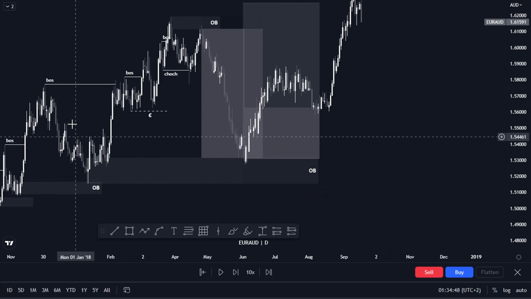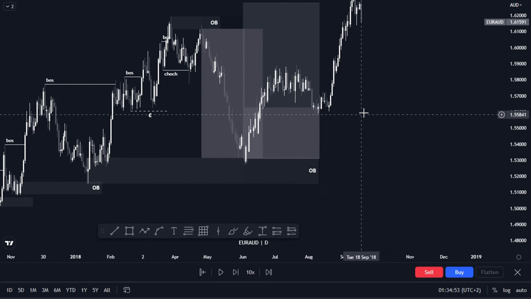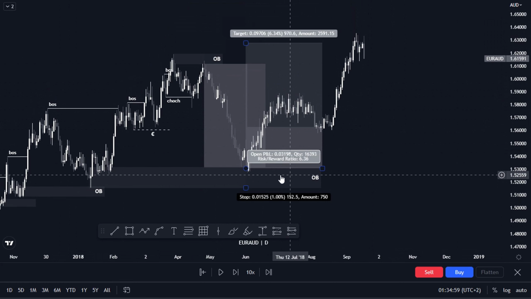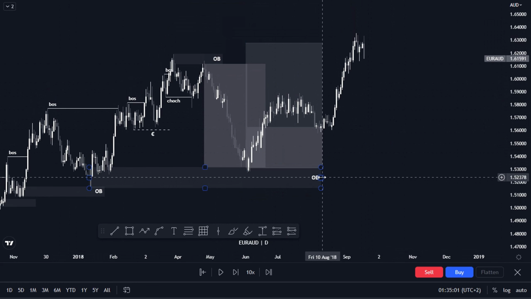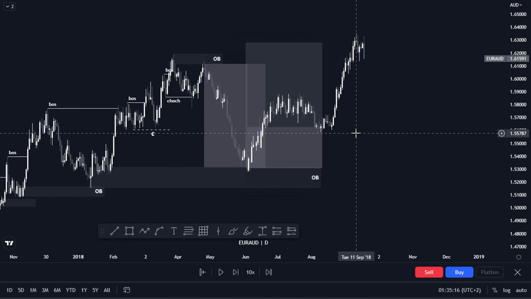So here you got a 13-hour trade, and here you got a 10-hour and a 6-hour trade, just like that, by trading your pullbacks and your trade from your order block. And that's how you trade the pullback to your order block after a high or a low has been violated.